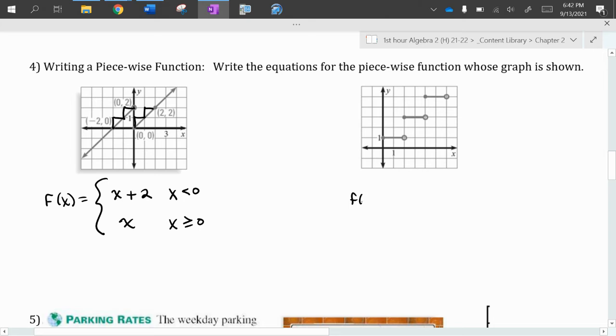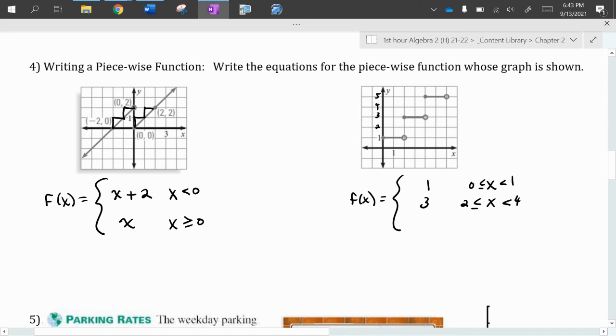So the next graph is a step function. Let's see if we can come up with the equation for that function. I'm going to say f of x equals, and I see it has 3 parts. The first part is y equals 1 if x is greater than or equal to 0 and less than 1. Sorry, it's not less than 1. It's going to be greater than or equal to 0 and less than 2. You have to count correctly. The next little horizontal piece is y equals 3 if x is greater than or equal to 2 and less than 4.